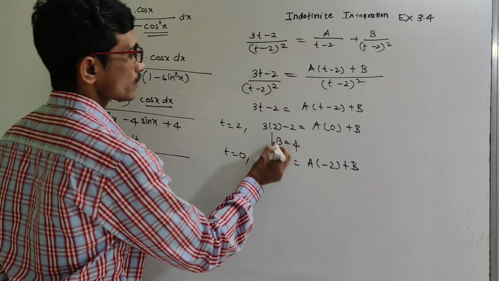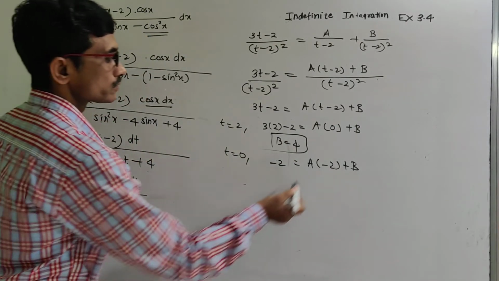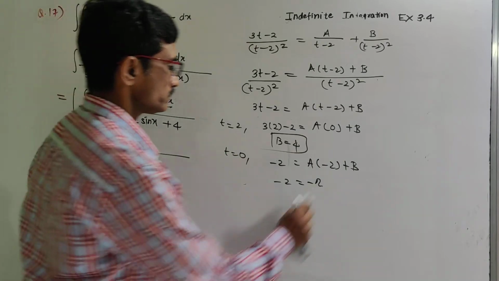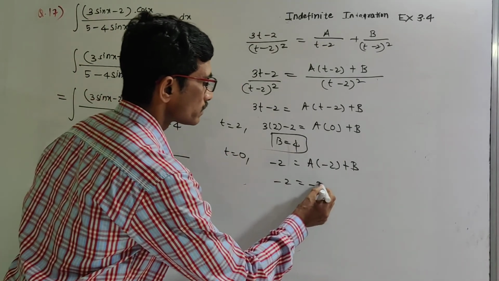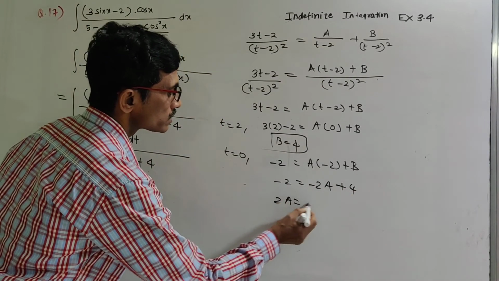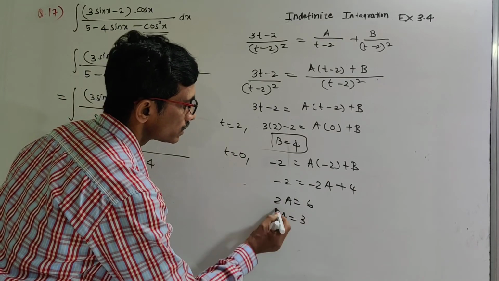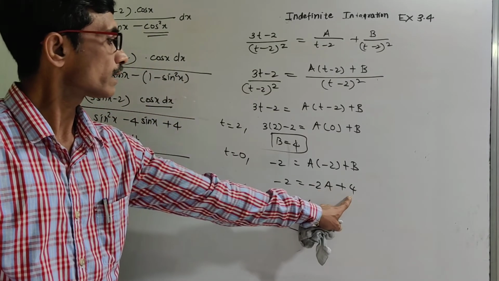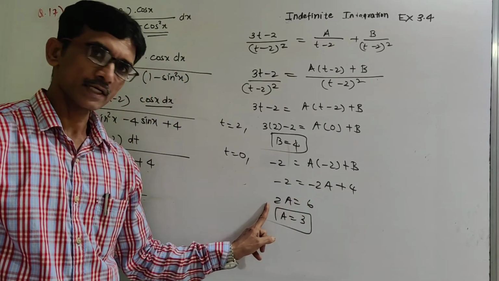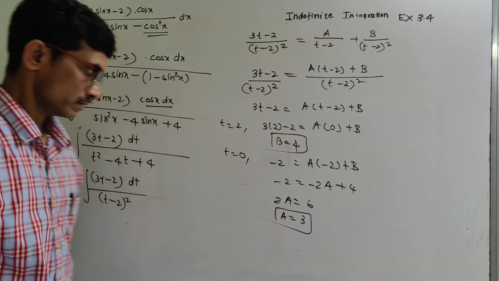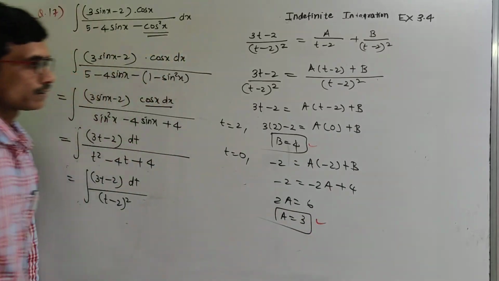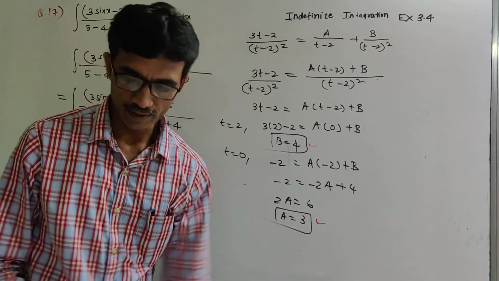Now we have b is equal to 4, so minus 2a plus 4, so that 2a is equal to 6 and a is equal to 3. We take b is 4 minus 2a to the left hand side, so a is equal to 3. So we are getting a and b; write here a and b and integrate.